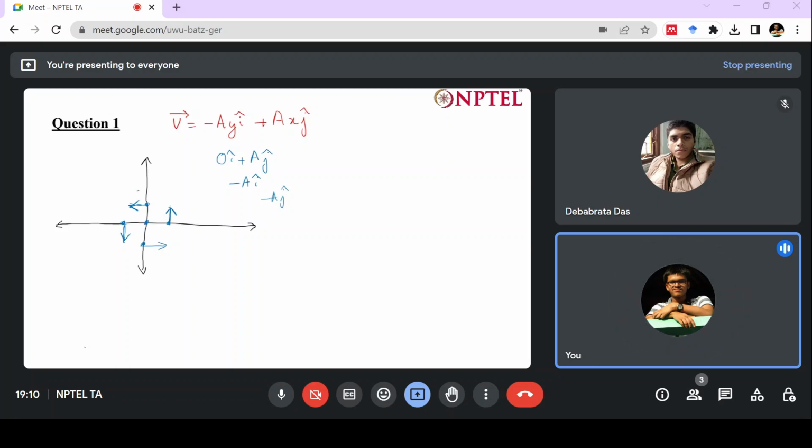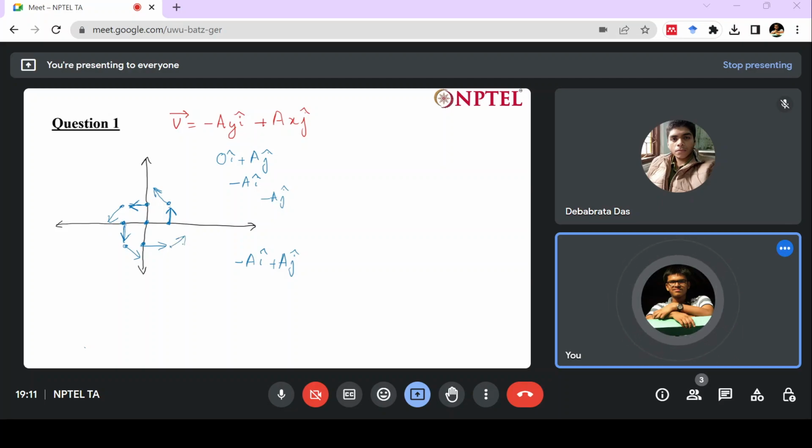Even if I put in-between points, not on the axis, let's say 1 comma 1, then I will have minus a i cap plus a j cap. Minus i cap means this, and plus j cap means this, so it is diagonally in this direction. From our imagination, we can understand what this flow field will look like.